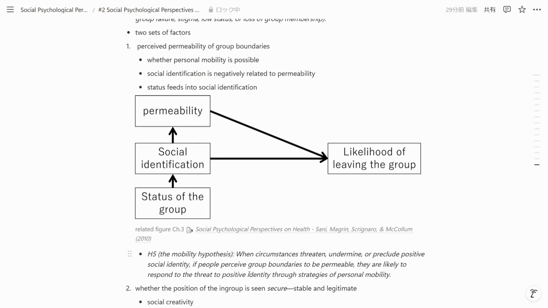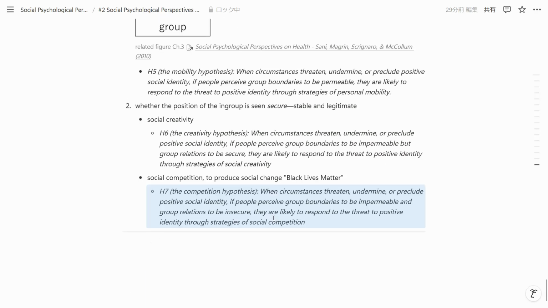So, to just recap what I have just said, when the permeability is high, they will just leave their group to restore their personal positive identity, or maybe they try to focus on other social identities. But when the permeability is low, meaning that you cannot really leave the group or change your social identity, then you look at whether the position can be changed or not. When the position is secure, meaning that you cannot really change it, you use a creativity strategy, meaning that you try to look for good aspects of yourself or your group.